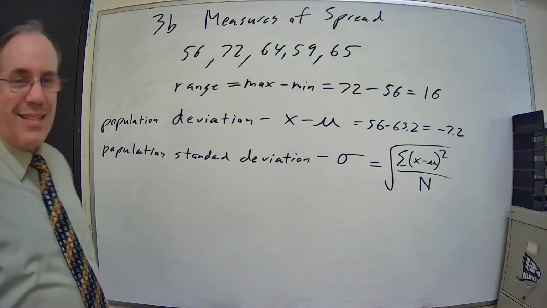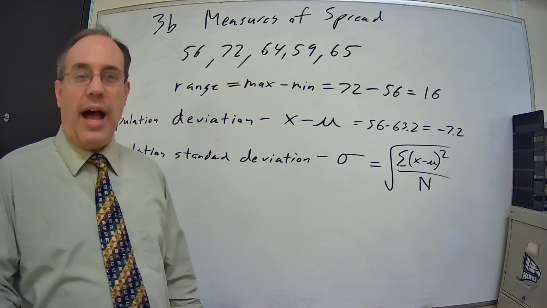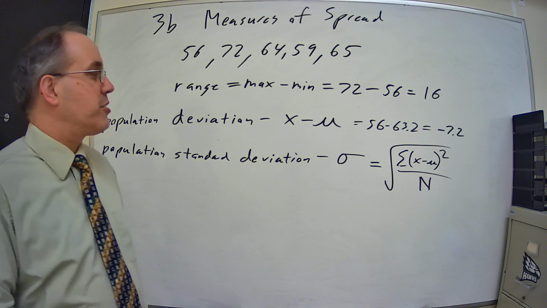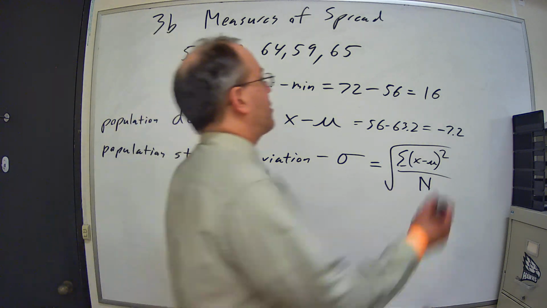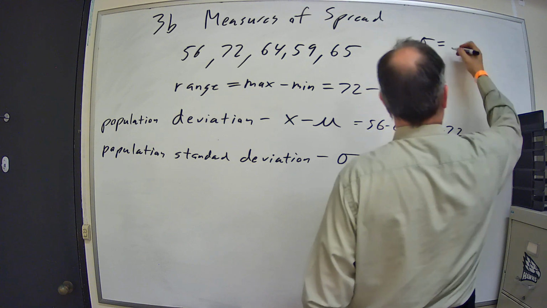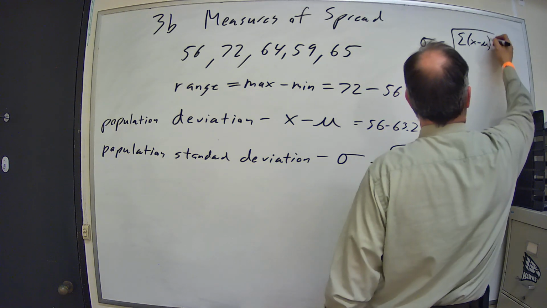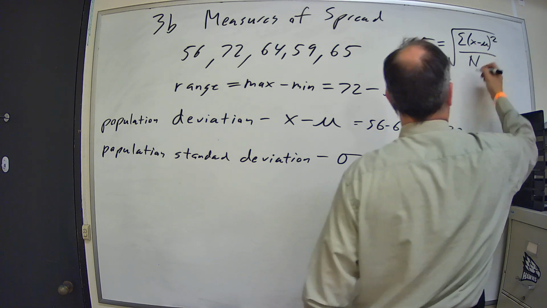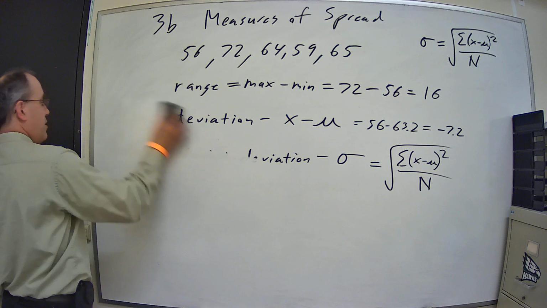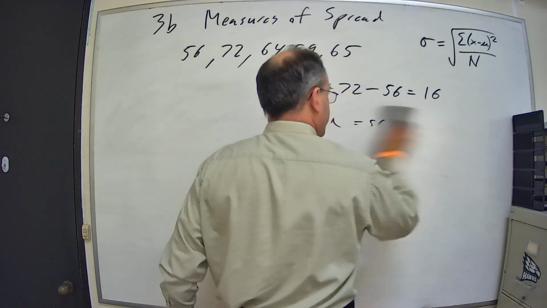Well, as nice a formula as that is, that's not exactly what I want to do to find the population standard deviation. So let me move this formula up to the corner so that we can still have it here and give myself some space. Then I'm going to get rid of these, and what we're going to do is build a table.